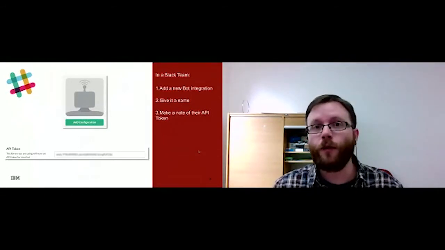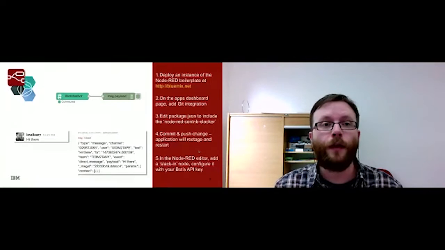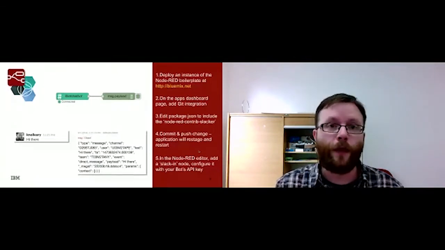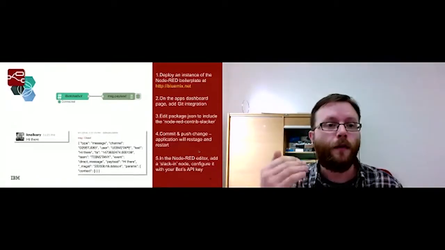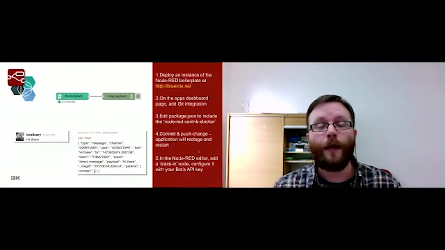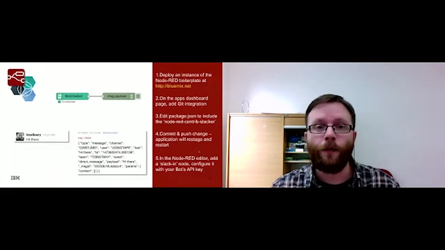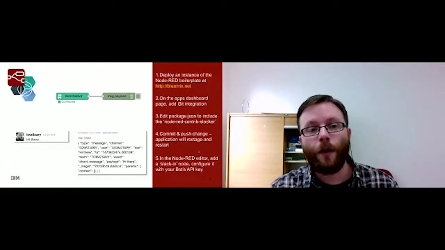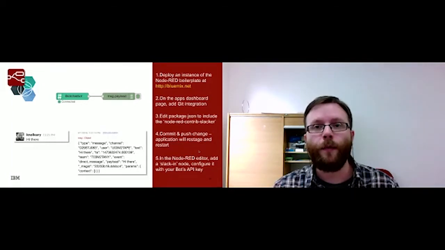In Node-RED, someone has already created a Slack node to interact with their API. So I just add that to my Node-RED instance, drag it in, I paste in the API key that Slack gave me. And there and then, whenever I instant message that bot or direct message that bot in Slack, my Node-RED instance running in the cloud receives that message.